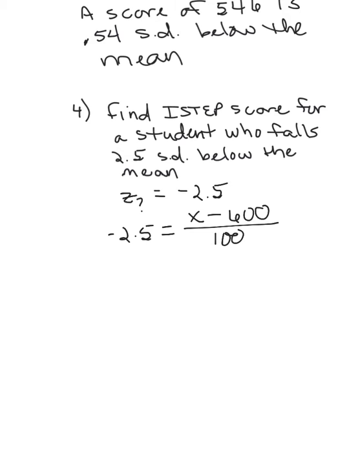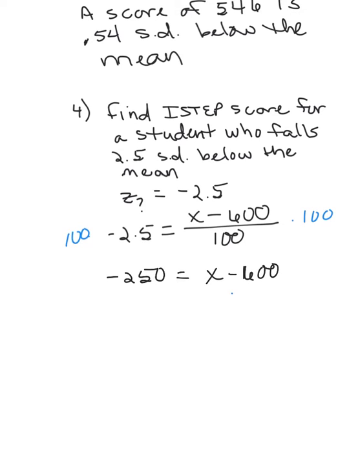Now we have a basic algebra equation to solve. We are going to multiply both sides by 100 to clear the fraction on the right. 100 times negative 2.5 gives me negative 250 equals x minus 600.